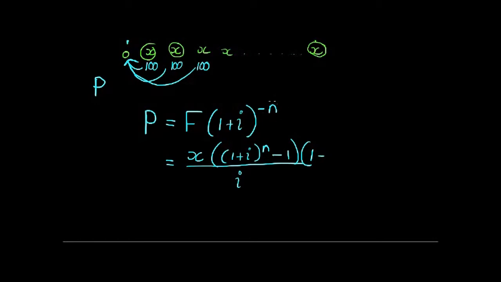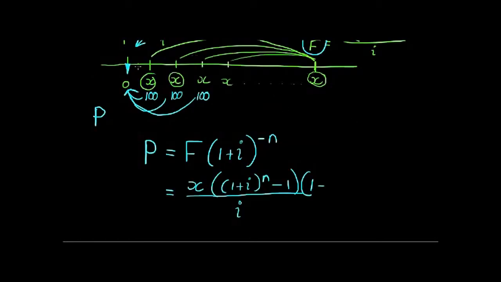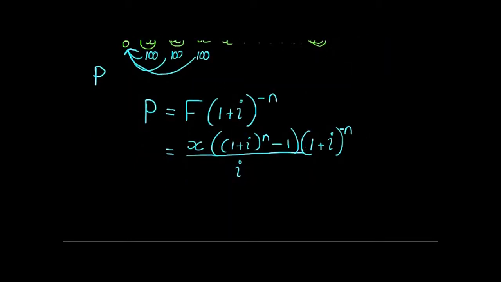Remember, n represents the number of payments made, and since there's a payment made every term, that's how many terms I'll have to discount with. So that's why it remains the same value, n, but negative, because I'm finding the past value.